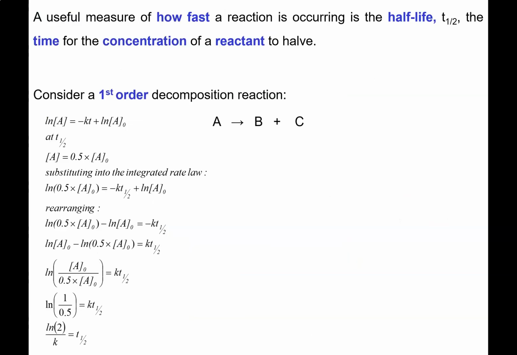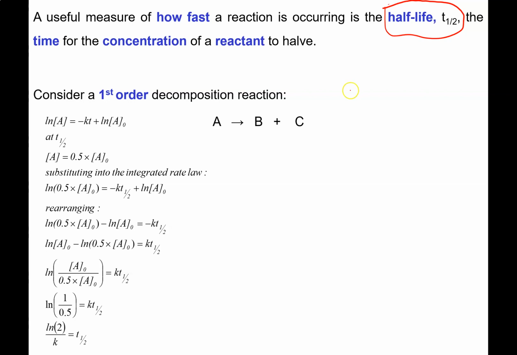So something that can be developed from the integrated rate law for a first order reaction is the concept of half-life. Half-life is just a useful measure for how fast a reaction is occurring, and all it is is the time for the concentration of a reactant to halve.